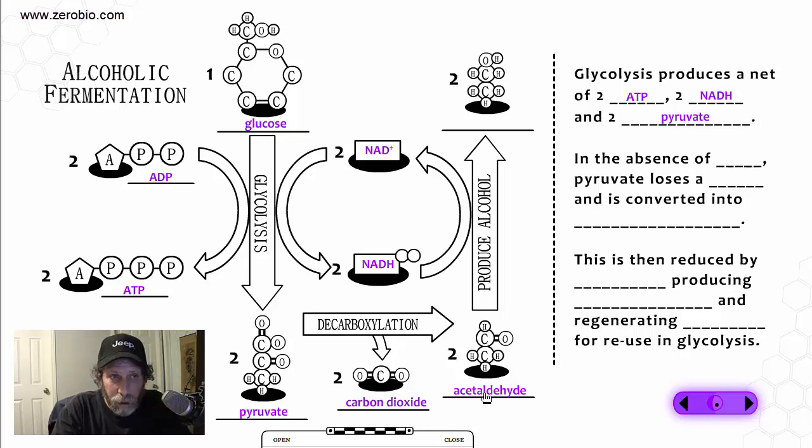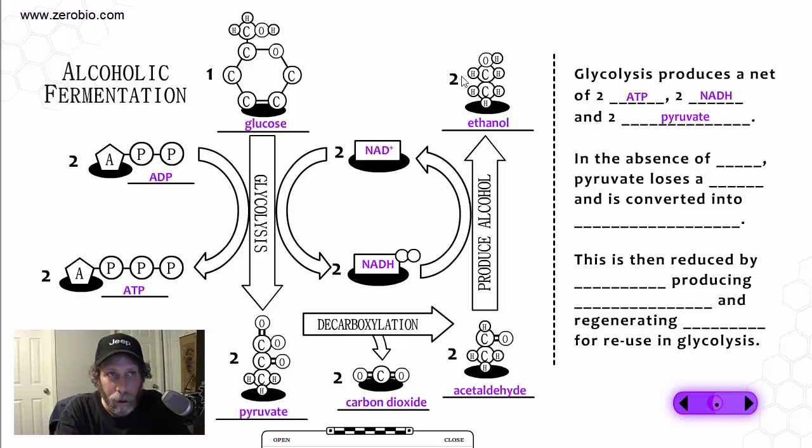Then this molecule, acetaldehyde, is reduced by NADH. NADH was produced in glycolysis, and then once it's made, it gives its electrons over to acetaldehyde, and it produces alcohol, ethanol, that particular type of alcohol. Notice ethanol has 2 carbons, so does acetaldehyde. So we can conserve our carbons by looking at this.